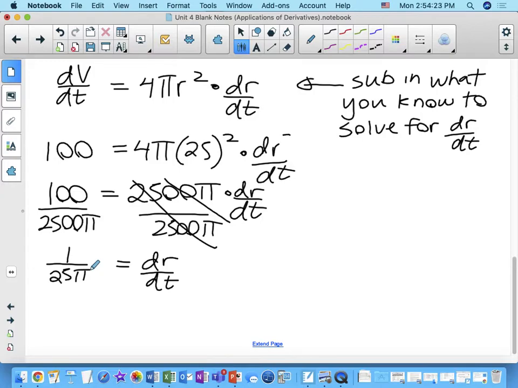So that is about 0.013 centimeters per second, approximately.